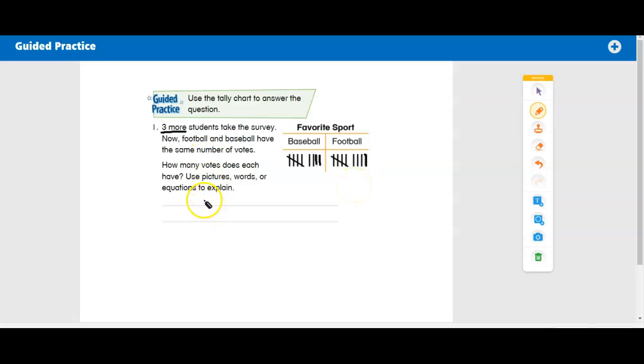We want to know how many votes does each of these categories have. So let's count. We know this is 5, 6, 7, 8, 9. So we have 9 and 5, 6, 7, 8, 9.